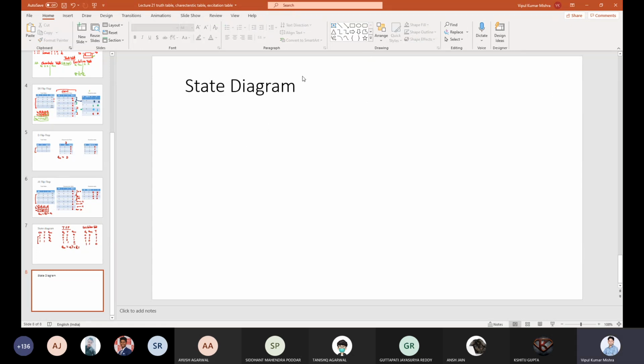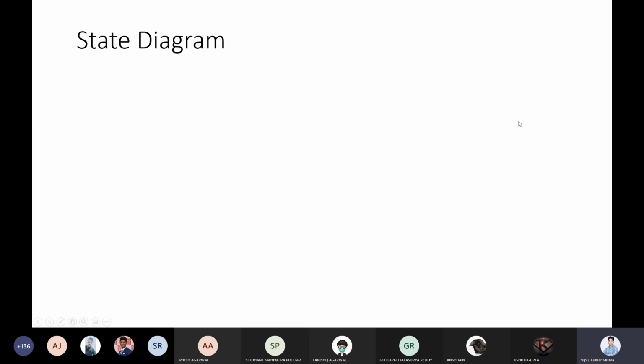Maybe you have seen this state diagram in your discrete structure course. Have you seen any state diagram in the discrete structure course? Not yet, sir.